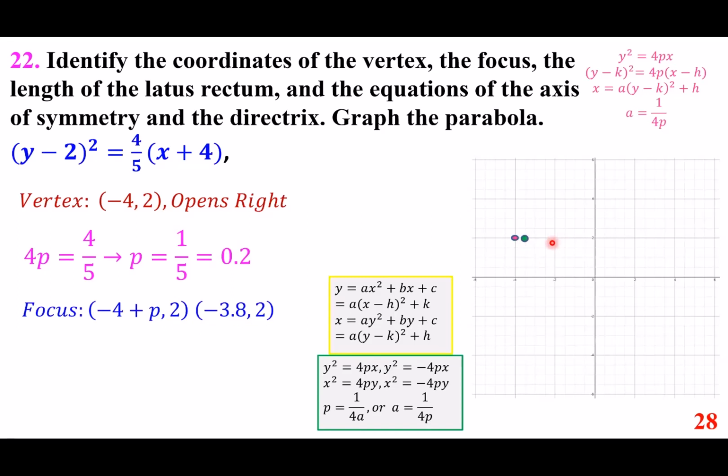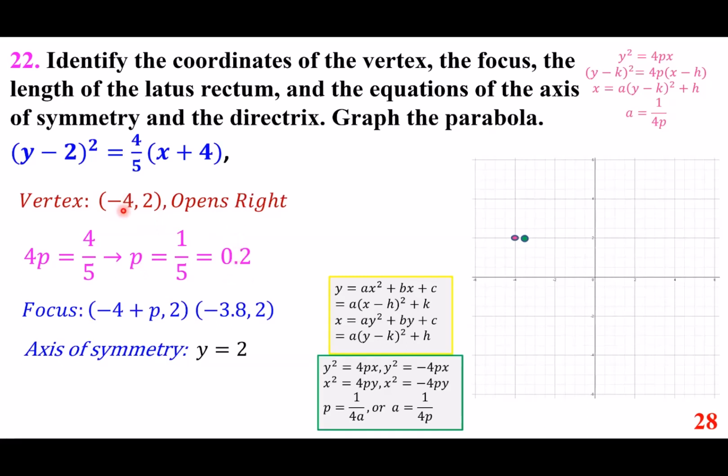I want the axis of symmetry. The axis of symmetry is just this line, y equals 2. I want the directrix, and I said from the vertex I have to go to the left by this much, p or 0.2.